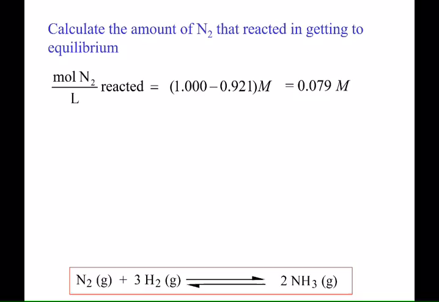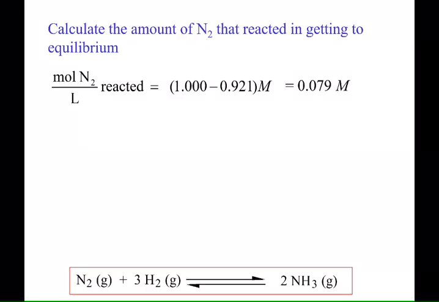How much N2 reacted? We can take 1.00 and subtract 0.921. You know that 0.079 moles per liter of N2 reacted with a certain amount of H2 that was there to form ammonia.